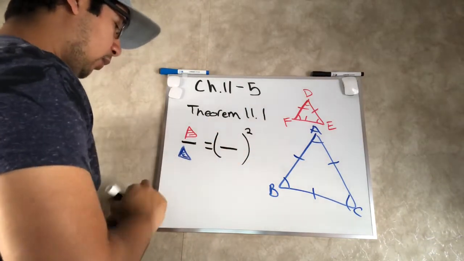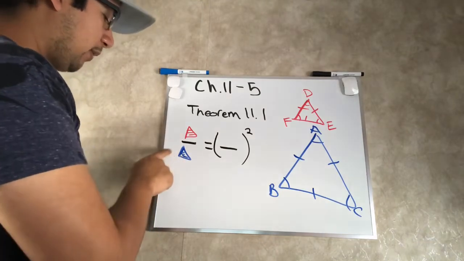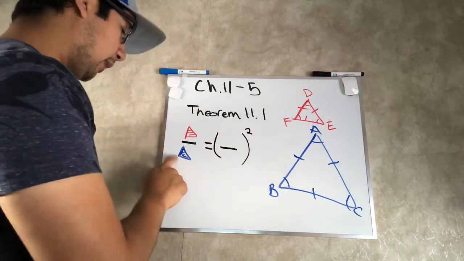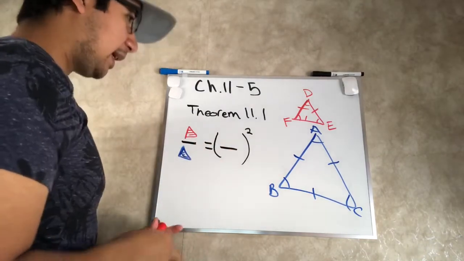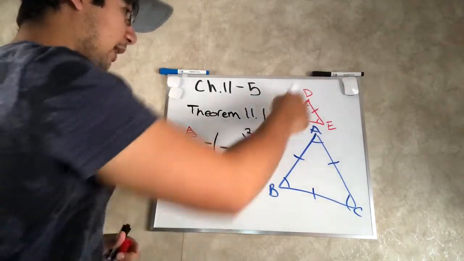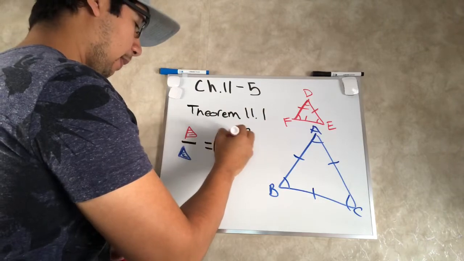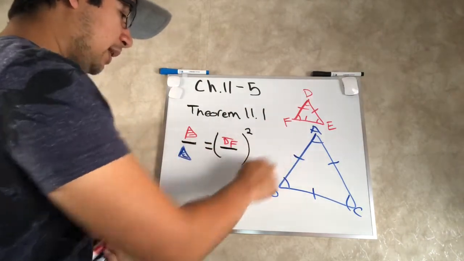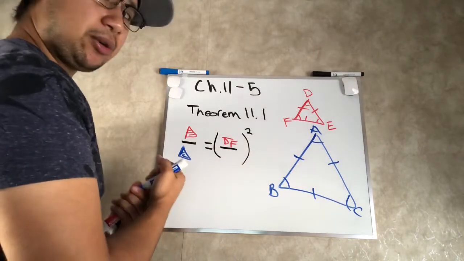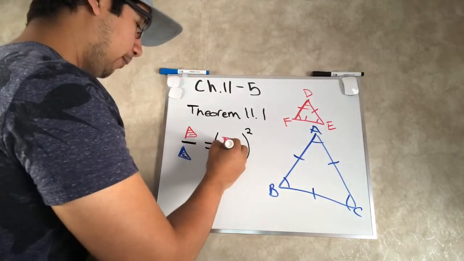So the area of the red triangle divided by the area of the blue triangle is equal to one of the sides of the red triangle, so side DF, over one of the sides of the blue triangle, which is AB.